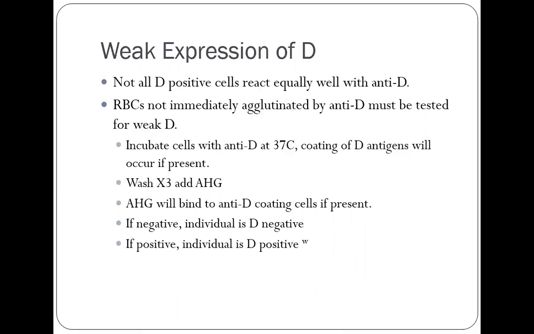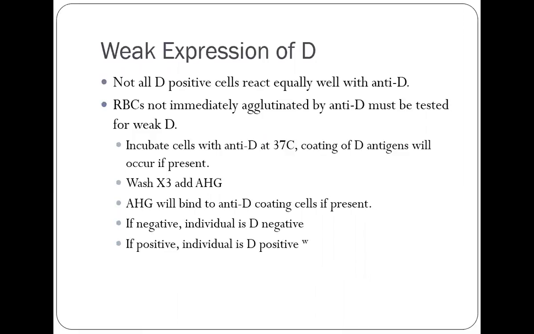Now this is like the temperature of our body. However, we do things at room temperature. So what we have next to our stations are known as heat blocks. We would put the tube in this heat block, and then we allow about 15 minutes for the coating of the D antigens to occur if it's present. So we have this coating of the anti-D reagent on these weaker expressions of the D antigen, if they're there.